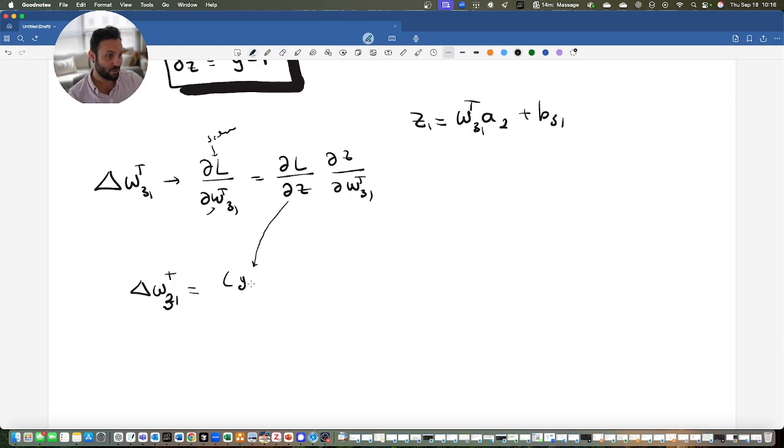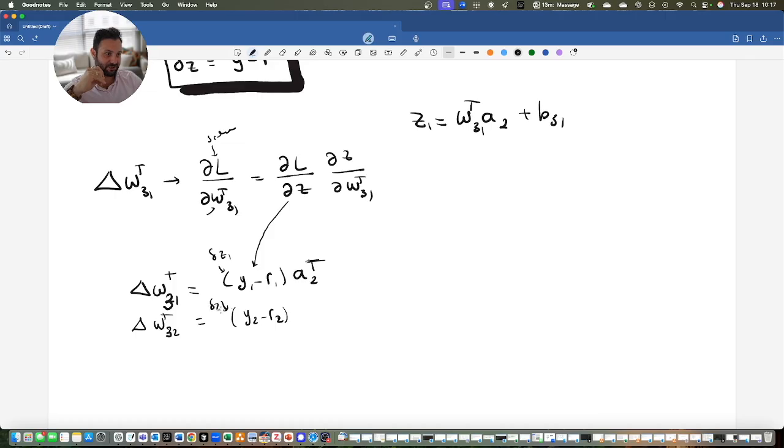So this is y1 minus r1 times the derivative of this with respect to W31, which is A2 transpose. And similarly, if I were to calculate the derivative of the next thing, W32 transpose, it is now touching the other neuron, y2 minus r2, which is, again, let's remember, this is delta Z1.